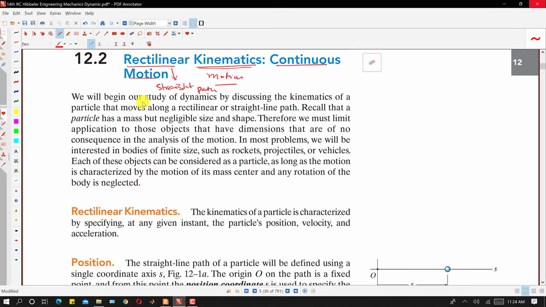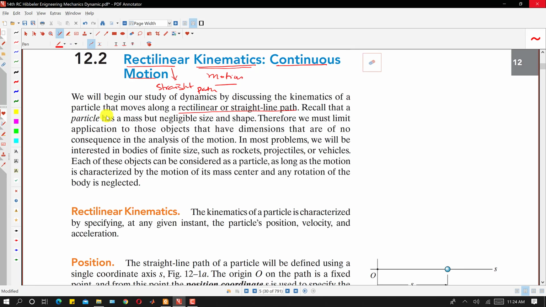It is said that we will begin our study of dynamics by discussing the kinematics of a particle that moves along a rectilinear or straight line path, and recall that a particle has a mass but negligible size and shape, right. So in the initial studies of dynamics we will consider particle motion.